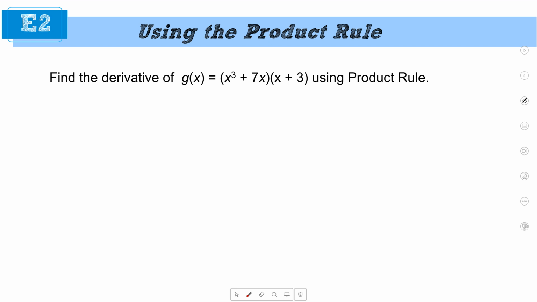Then you take the derivative of the x. Then you take the first times the derivative of the second, plus the derivative of the first, which is 4x, is 9x.